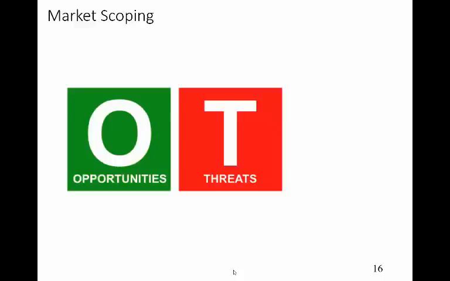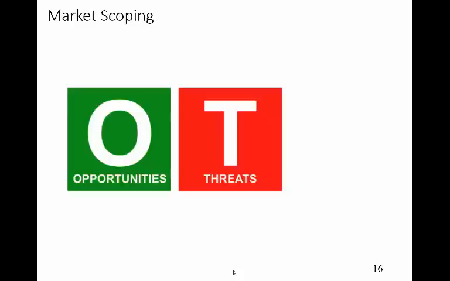So again, just a qualitative view using those same OTs that you identified in a SWOT analysis, but thinking specifically about each opportunity you're considering and determining whether based on those OTs it would suggest moving forward or eliminating that opportunity from consideration.